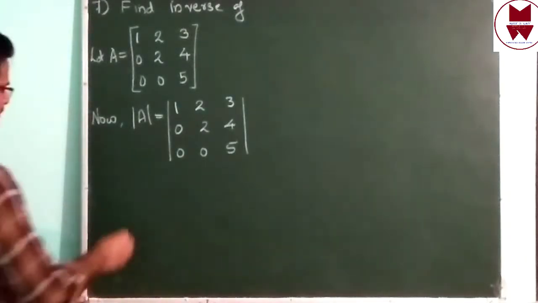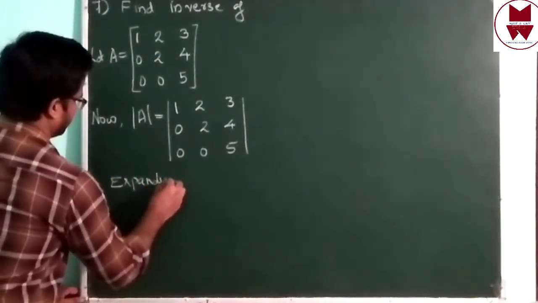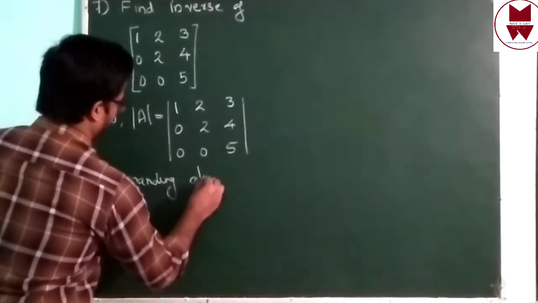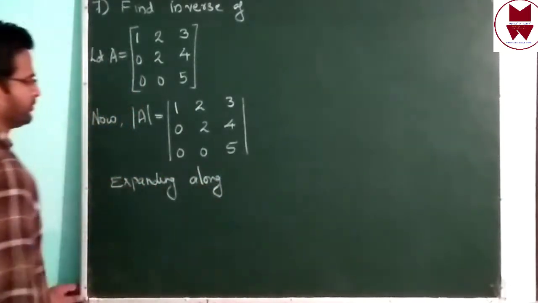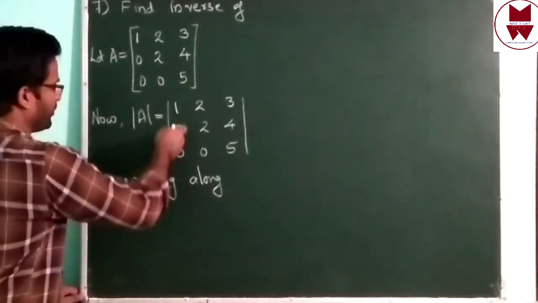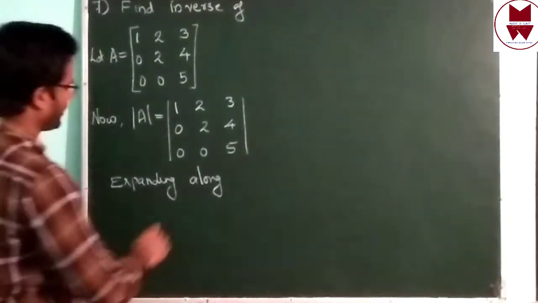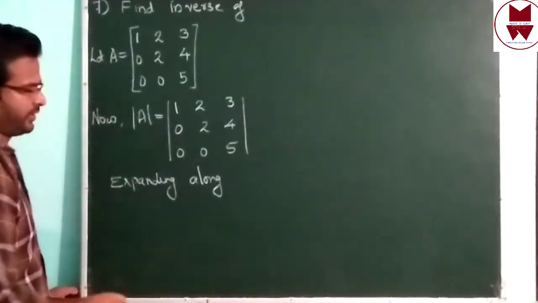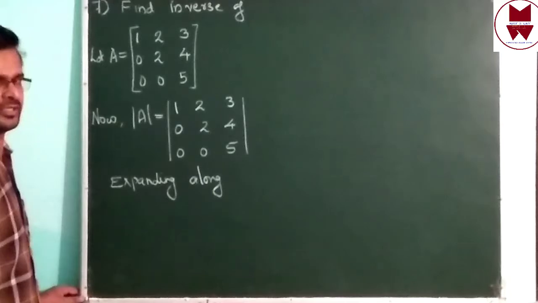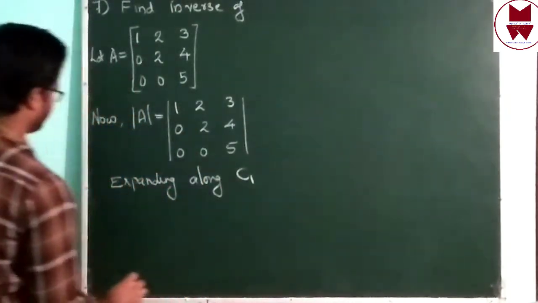Then we can expand along. Which row or which column will we use? We can use first column because in first column 2 zeros are there, isn't it? Otherwise you can use third row also, there also two zeros are there. Anyway we use first column C1.